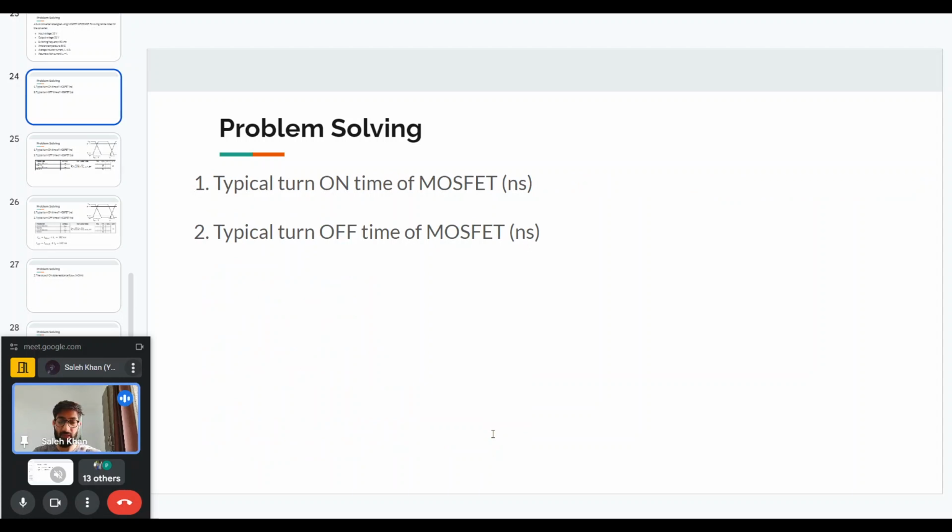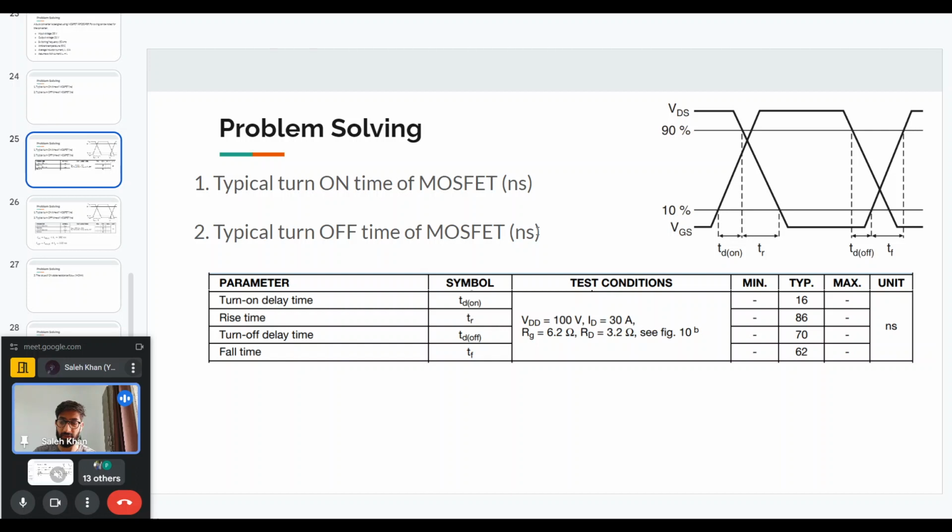So first of all, we are asked to find the typical turn on and turn off times of the MOSFET in nanoseconds. This can be found from the data sheet. The data sheet gives us the turn on delay time, the rise time, the turn off delay time and the fall time, and it also gives us how these are measured.